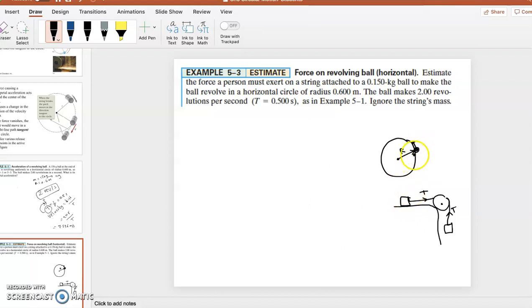The same thing here, the tension force is towards the center. I am just mentioning that. It will not help us in this example. It just occurred to my mind and we need it later.